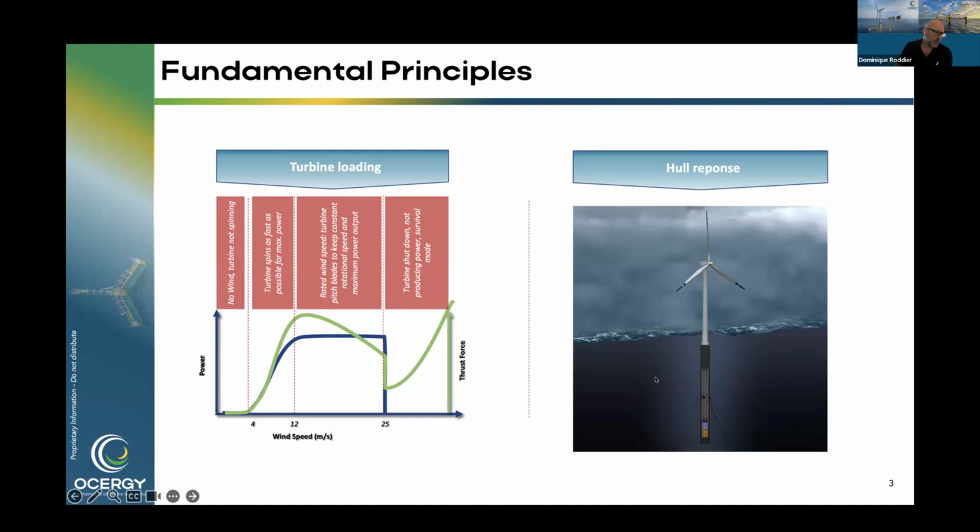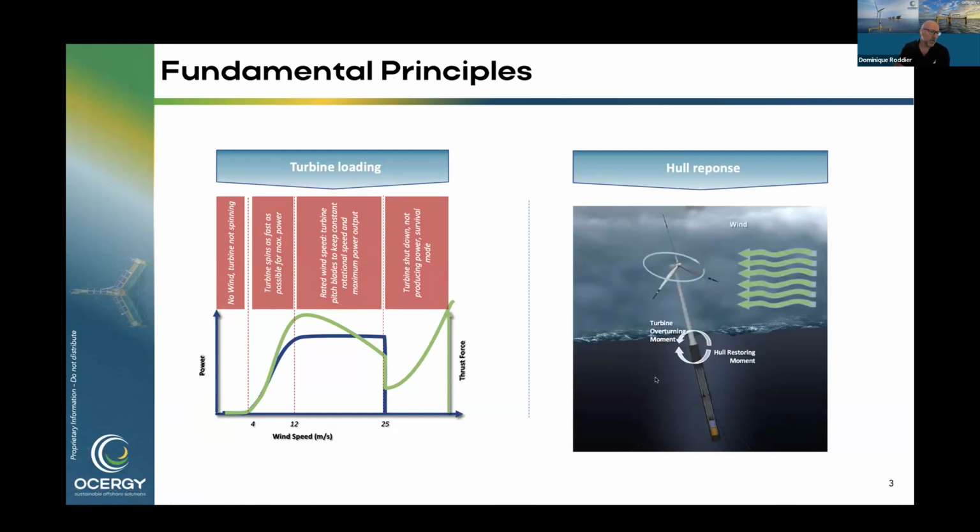And then the thing that you have to consider, because you're floating, is that when the wind blows on the turbine, it makes the turbine heel. So in terms of naval architecture, you have a turbine overturning moment, and then your hull has a restoring moment. So you balance it. What's important for a turbine to make power is that you don't want to heel too much into the wind.